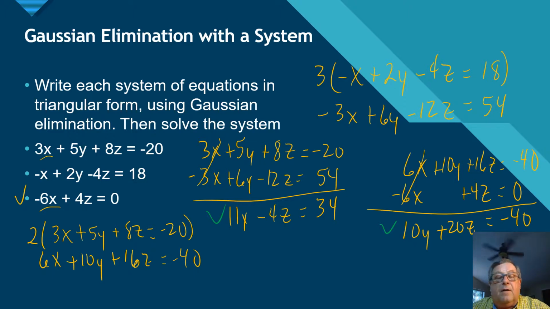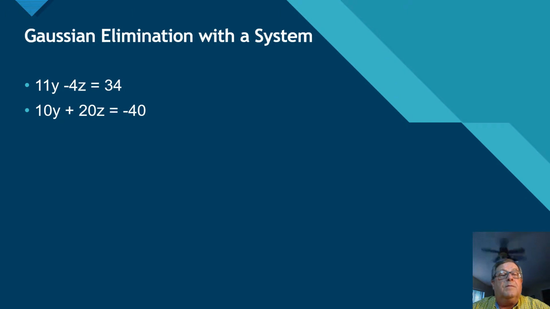Then once I get a solution for y, I'm going back to the first equation, substituting for z and y, and solving for x. So here we've got our two equations: 11y minus 4z equals 34, and 10y plus 20z equals negative 40.